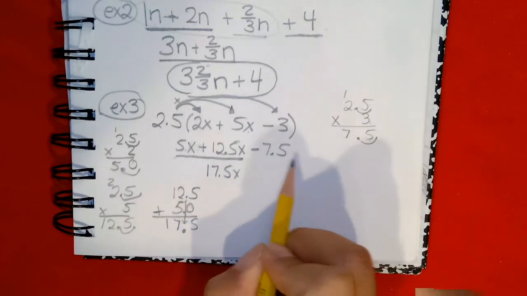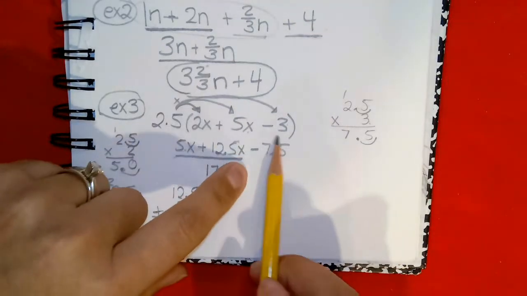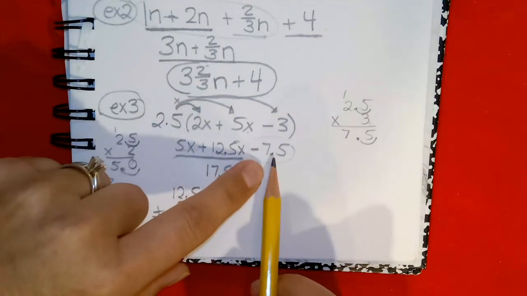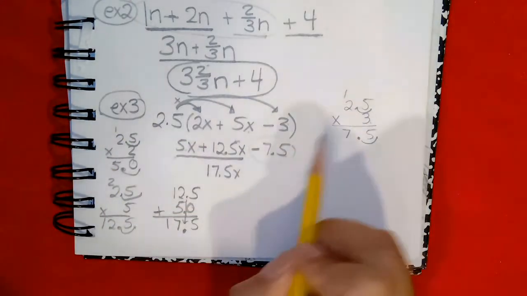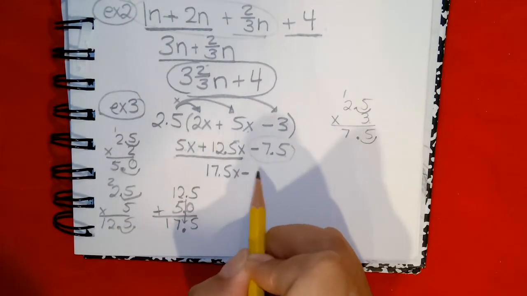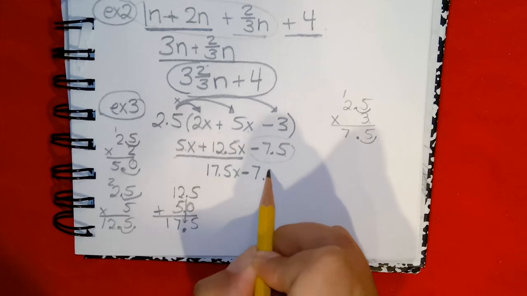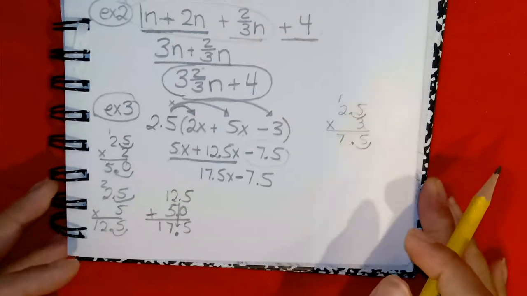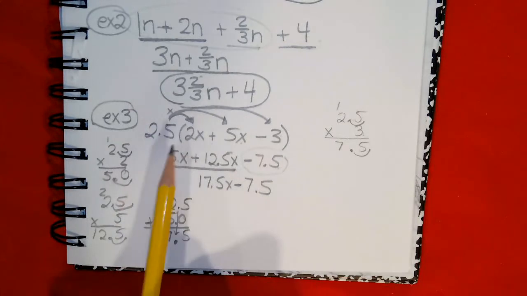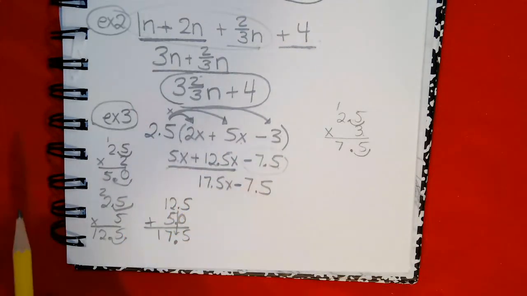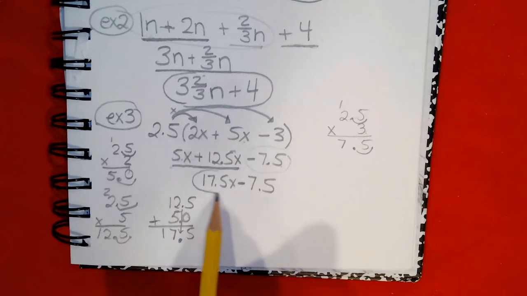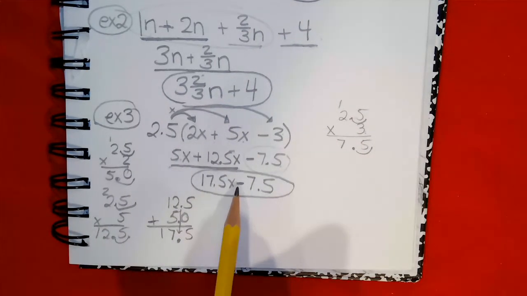And now I look over here and I still have another term, minus 7 and 5/10, but there's no variable here. So I don't have to do anything with that. I just have to bring that down, minus 7 and 5/10. So I have simplified my expression from 2 and 5/10 times 2x plus 5x minus 3 to 17 and 5/10 x minus 7 and 5/10.